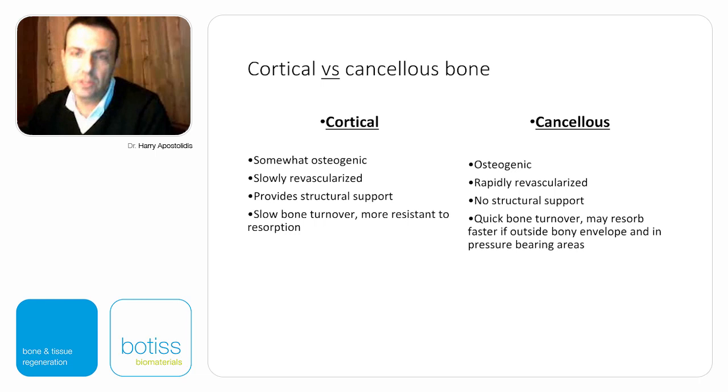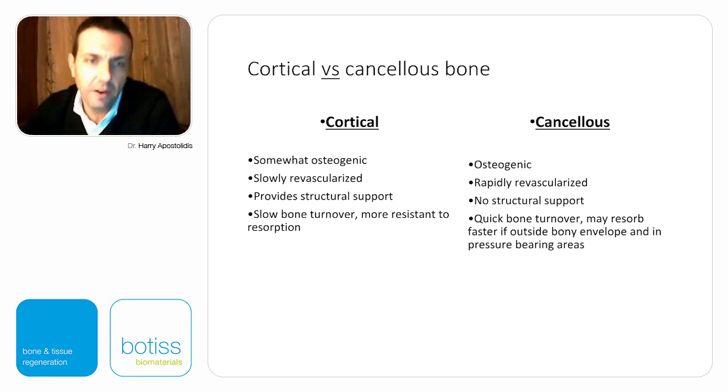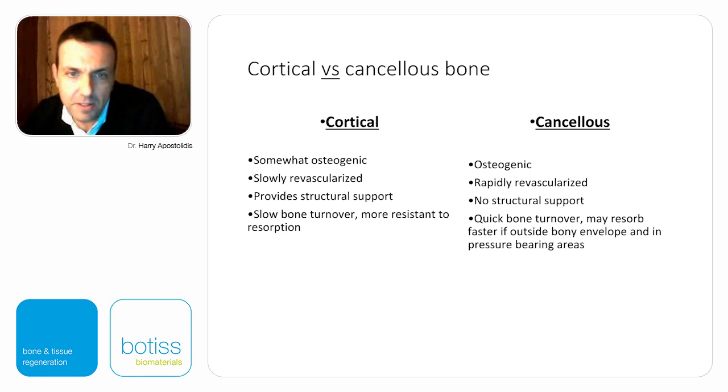Cortical versus cancellous. The cortical is somewhat osteogenic. Cortical bone has few osteoblasts in there. It's slowly revascularized because it's hard. It doesn't have a lot of spaces, but it provides structural support. We can easily fixate it, and it has a very slow bone turnover, and it's more resistant to resorption. On the other hand, cancellous bone is more osteogenic.